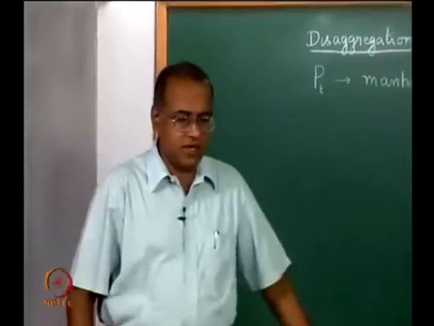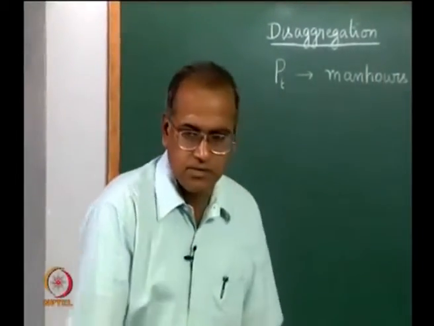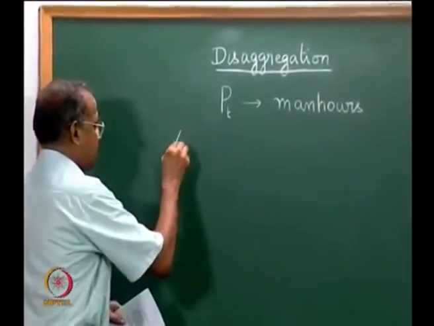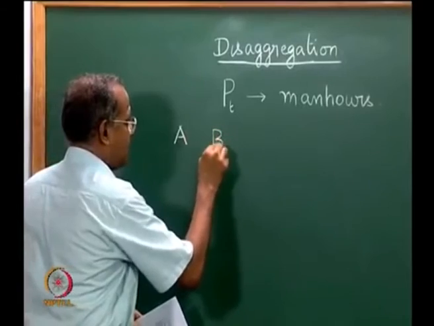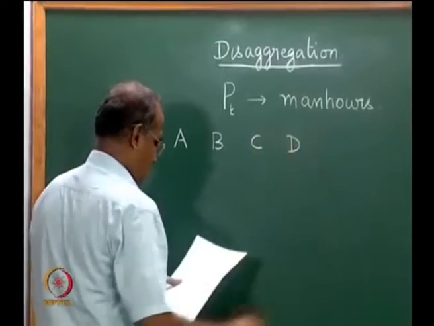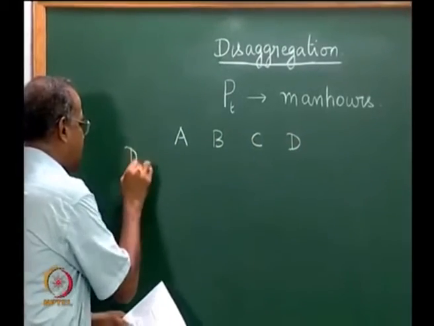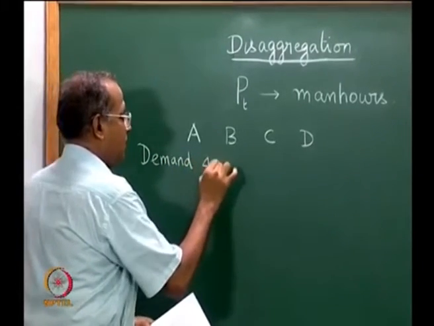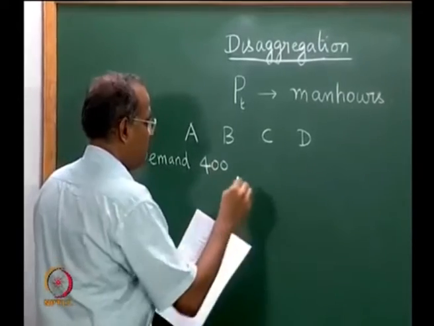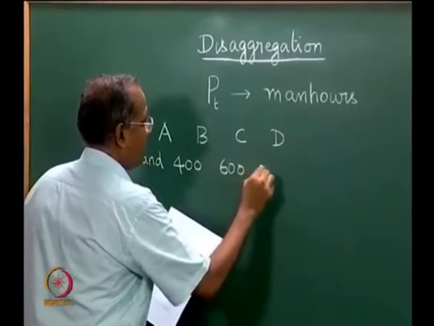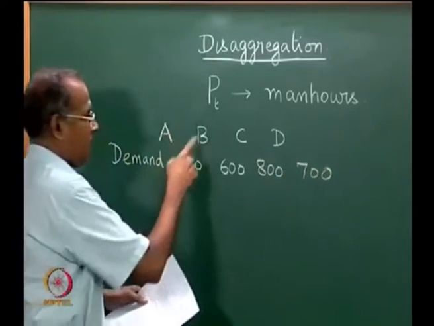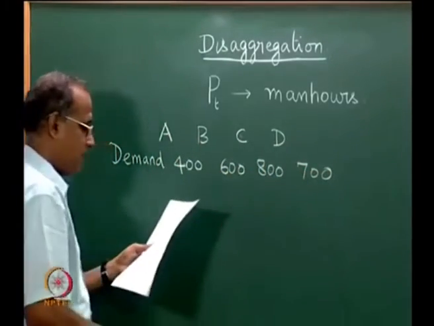So, let us define the disaggregation problem using an example. Let us assume that there are 4 products which we call A, B, C, D, and demand for these 4 products are 400, 600, 800 and 700 for A, B, C and D respectively.